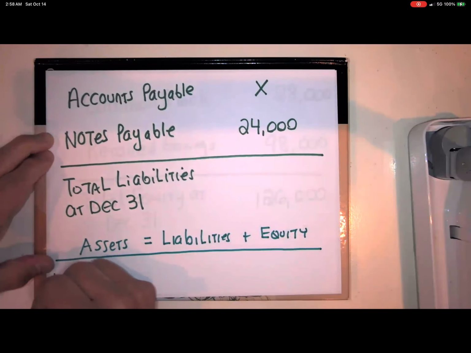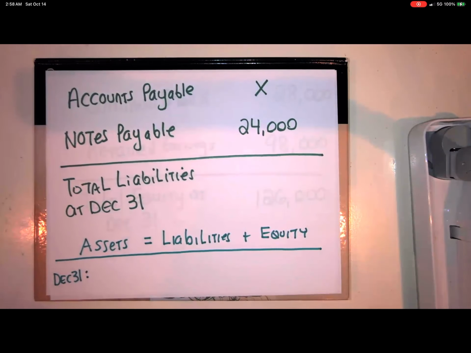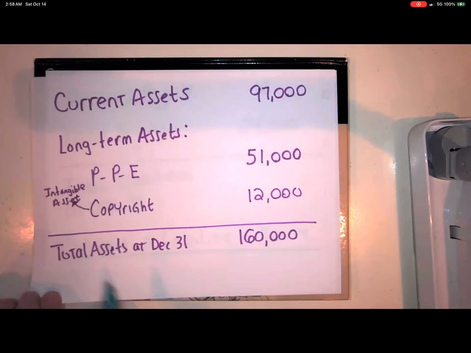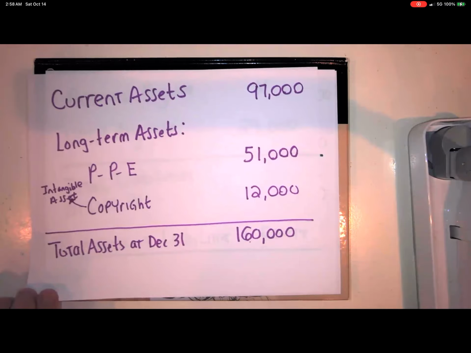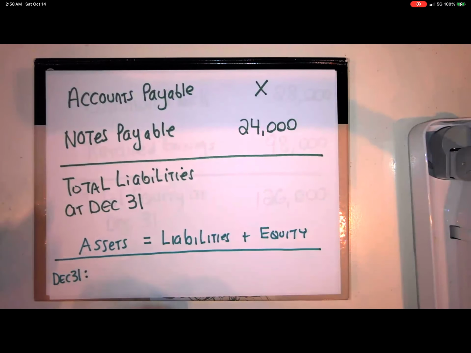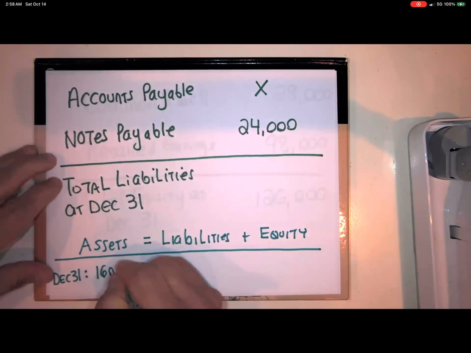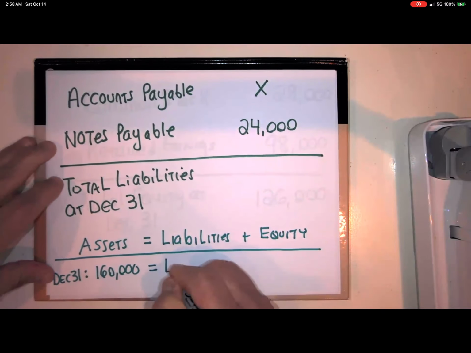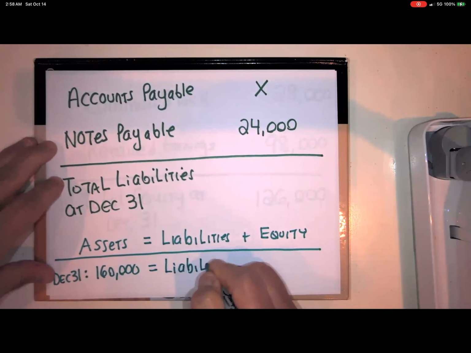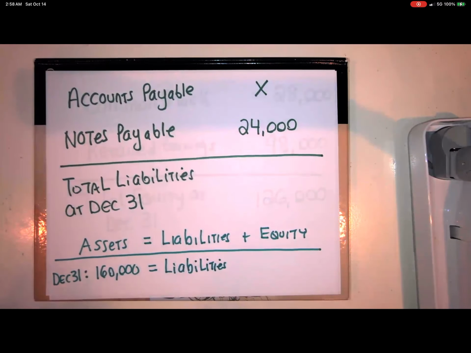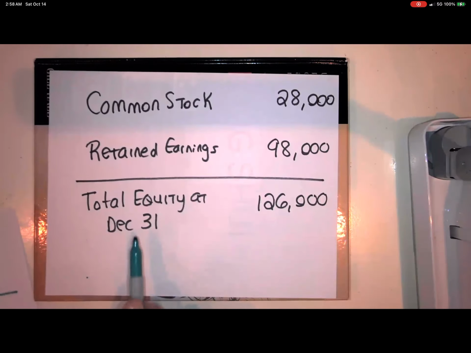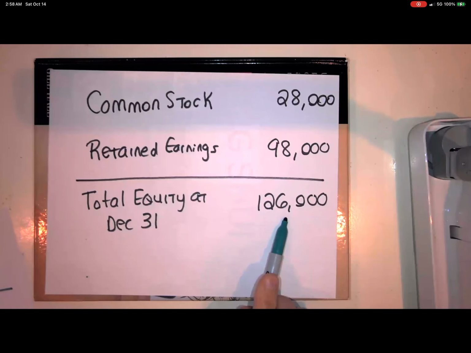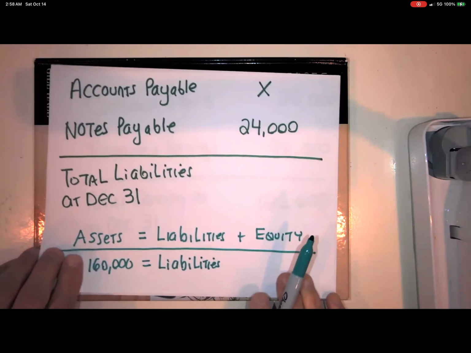And at December 31st, we figured out the assets to be 160,000. We want to come up with our liabilities, so that's unknown. And we figured out our equity at December 31st to be 126,000.